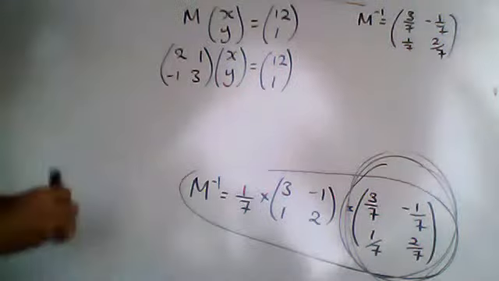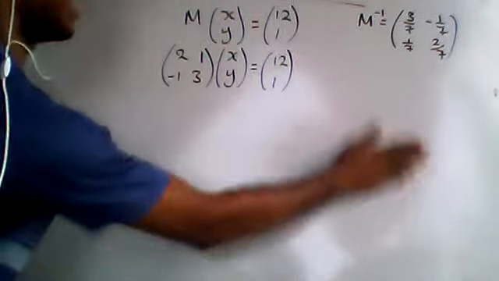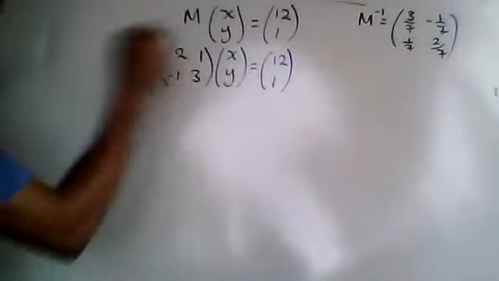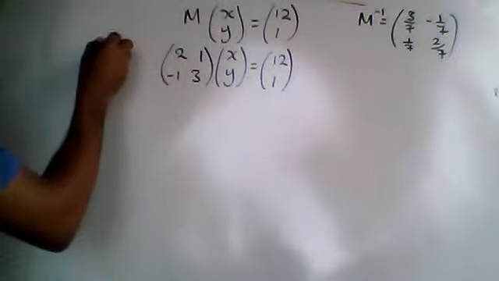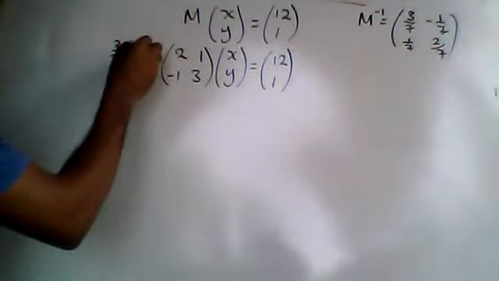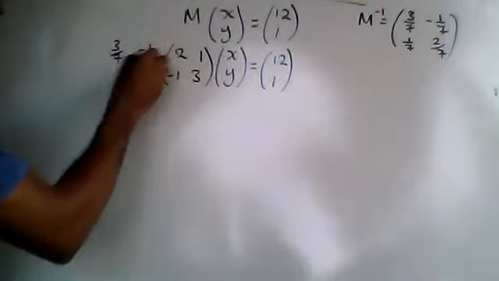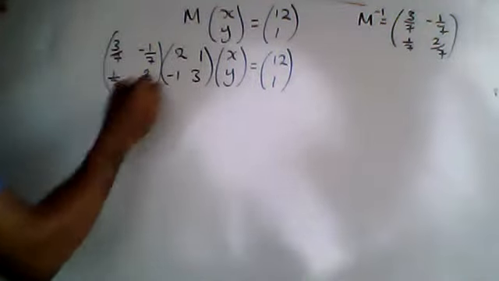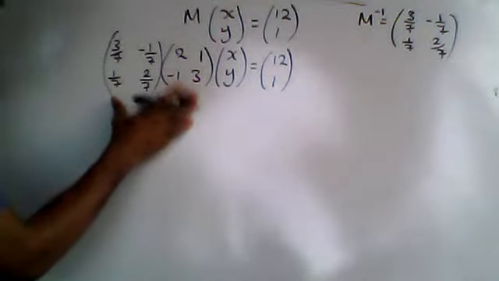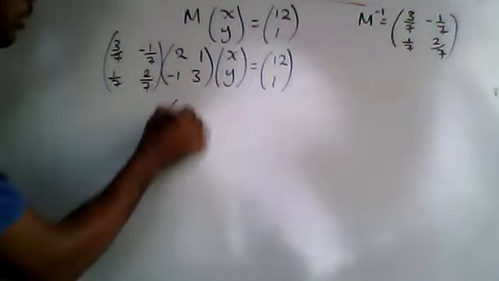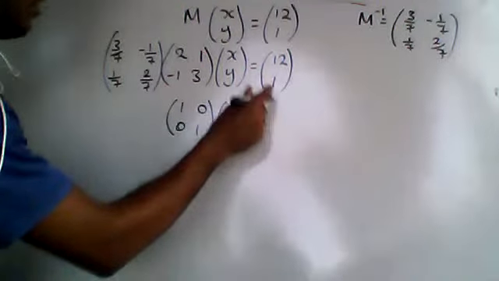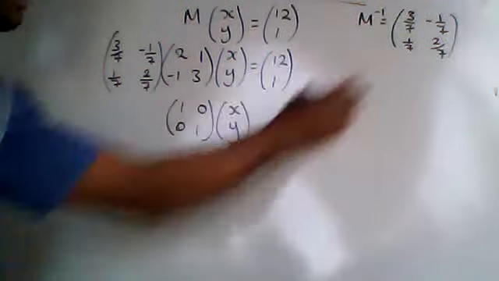So, as I said, we're going to multiply the right-hand side by the inverse of the matrix. So remember, if we should multiply both sides by the inverse of the matrix, we're going to have 3/7, minus 1/7, 1/7, and 2/7 here. What we would get for the left-hand side here is the identity matrix, which is 1, 0, 0, 1, times x and y.